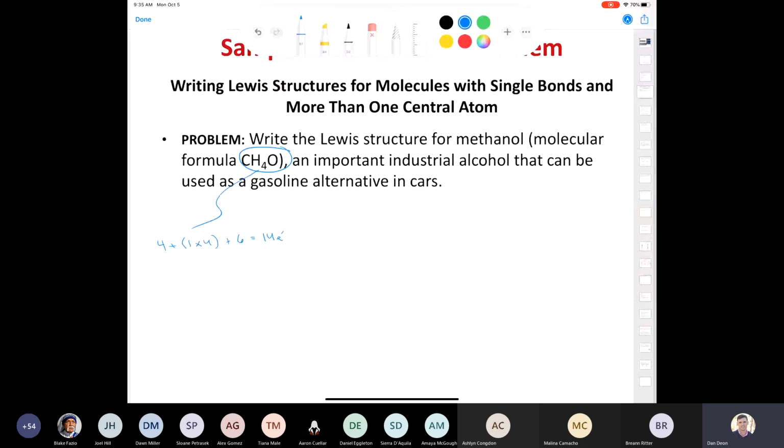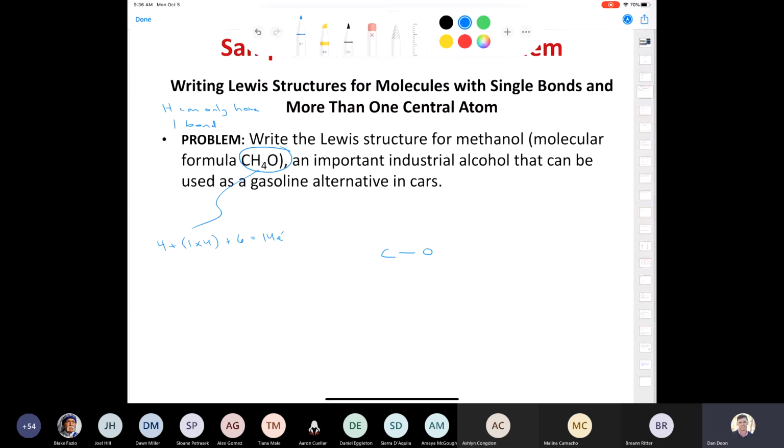Now, remember, hydrogen can only have 1 bond. Hydrogen can never have more than 1 bond. So that tells us that both the carbon and the oxygen are going to be attached to each other.